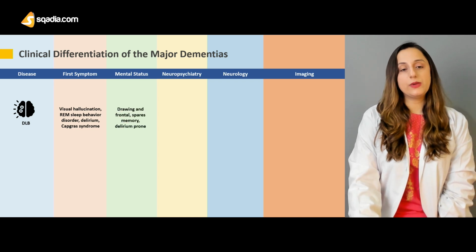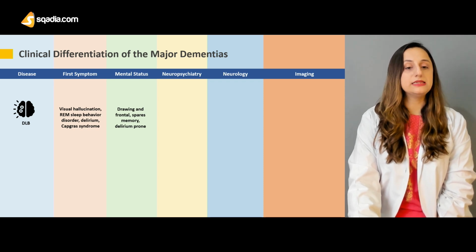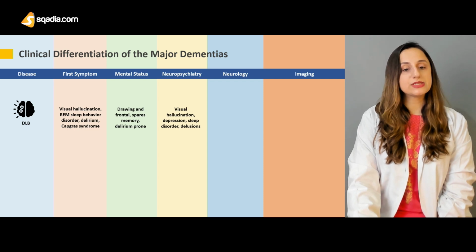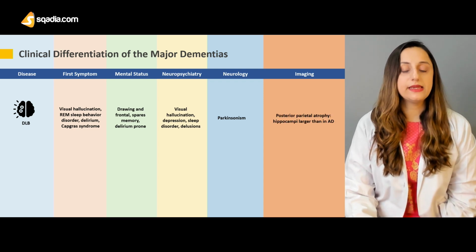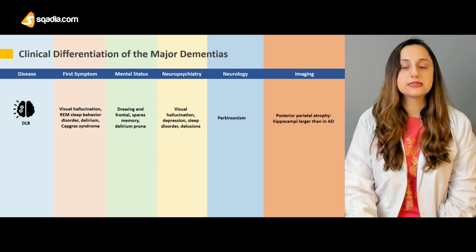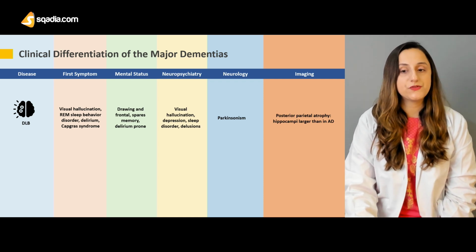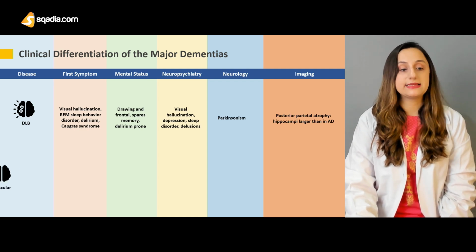And then the mental status shows frontal lobe involvement, spares the memory, and delirium is more prone. Visual hallucinations, depression, sleep disorder, and delusions are seen. Parkinsonism is usually observed in these patients, and on imaging, you would be looking for posterior parietal atrophy. Hippocampi are larger as compared to Alzheimer's disease.